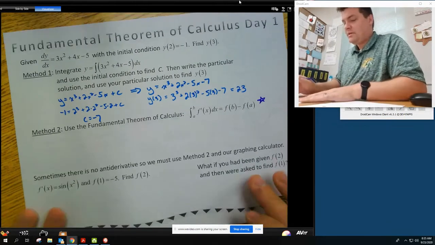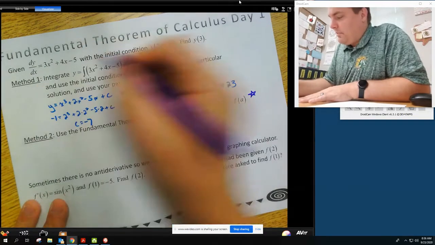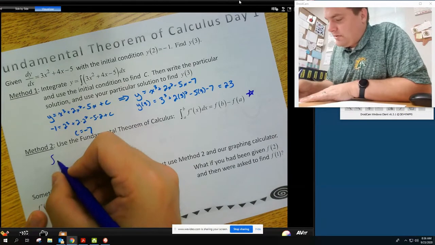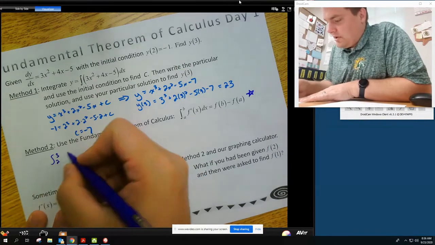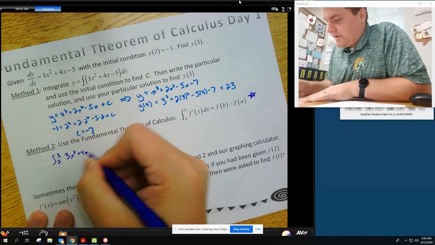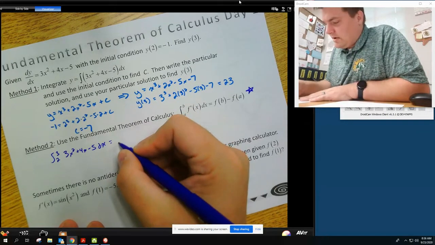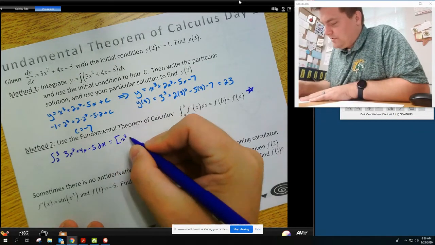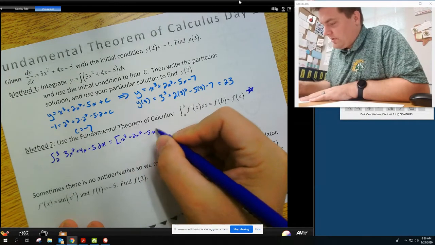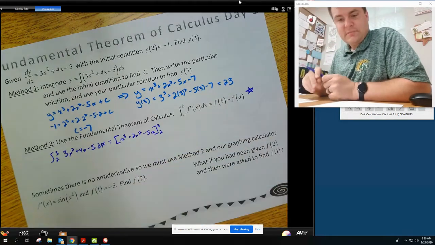To do this one, same problem, different method, we're going to integrate from 2 to 3 of 3x squared plus 4x minus 5 dx, which is going to give me x cubed plus 2x squared minus 5x, and we're going to end up evaluating that from 2 to 3.